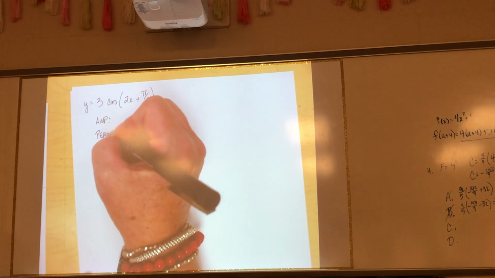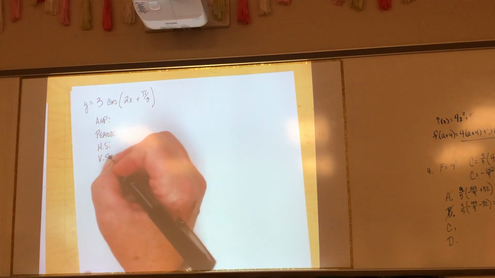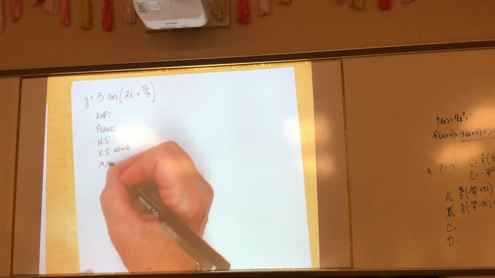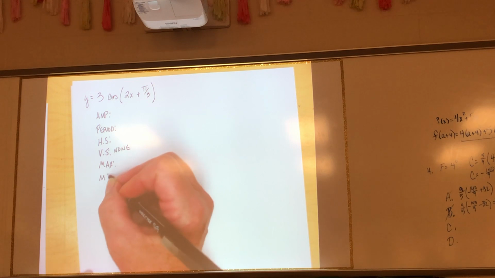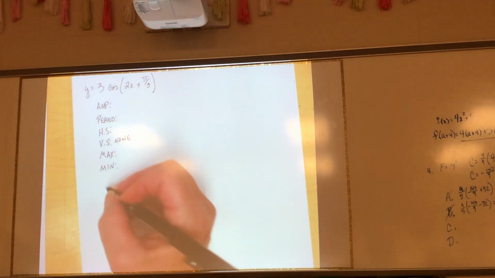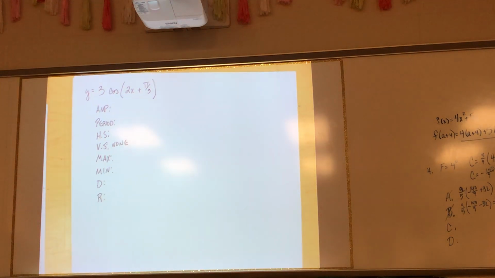Period, horizontal shift, vertical shift, of which we know there's none, because we haven't done that yet. Max, min, and then tomorrow we'll add an x and a y intercept. Domain and range.